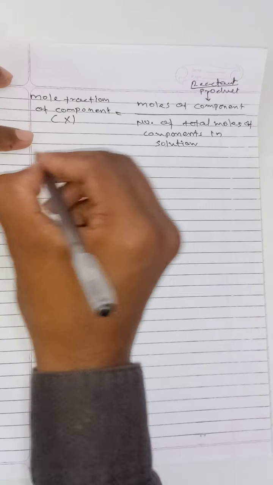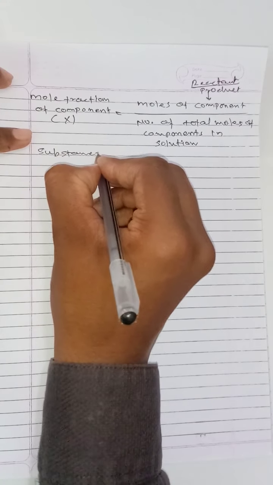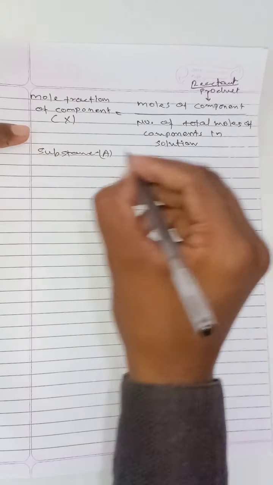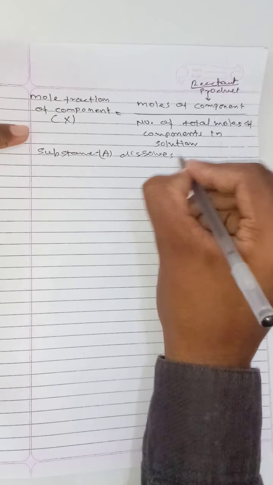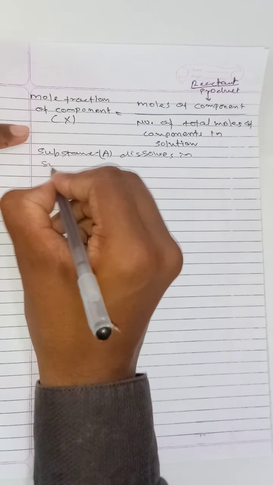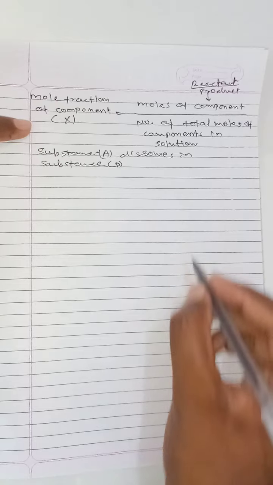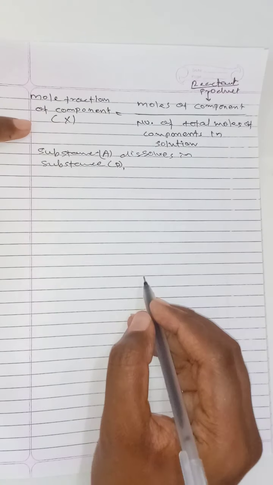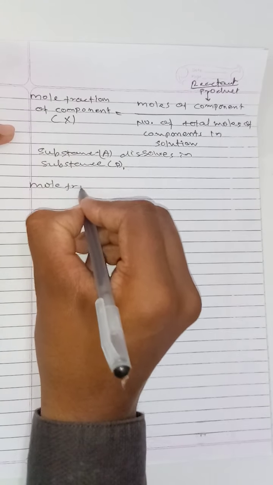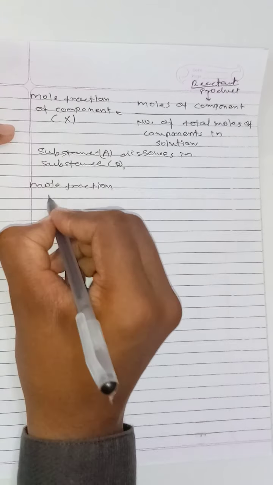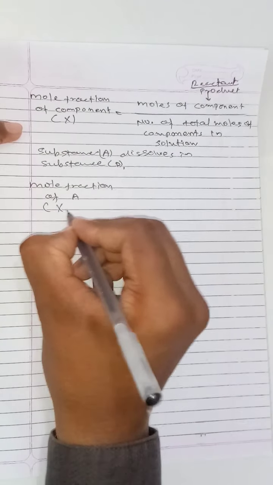Here suppose our substance A is dissolved in substance B. We need to calculate the mole fraction of substance A. It is expressed by XA.